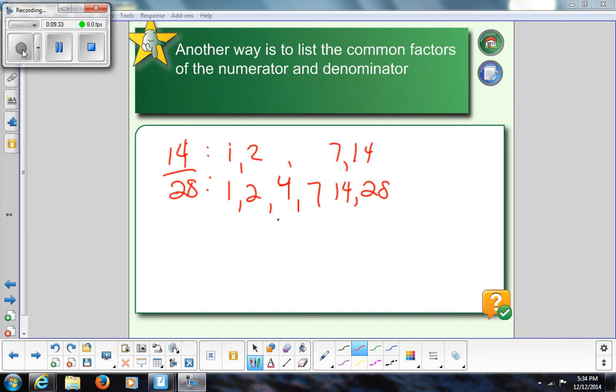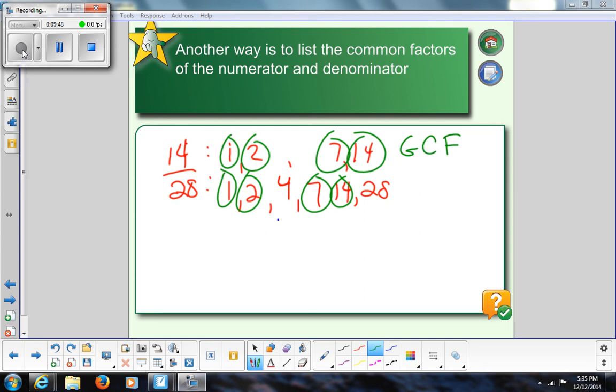All right, so now I have 1s, 2s, 7s, and 14s, right? Okay, and we are going to go with our greatest common factor, which is 14. And I'm going to divide by 14, and that's going to give me 1/2. Good. Yay. Everybody got that? All right.